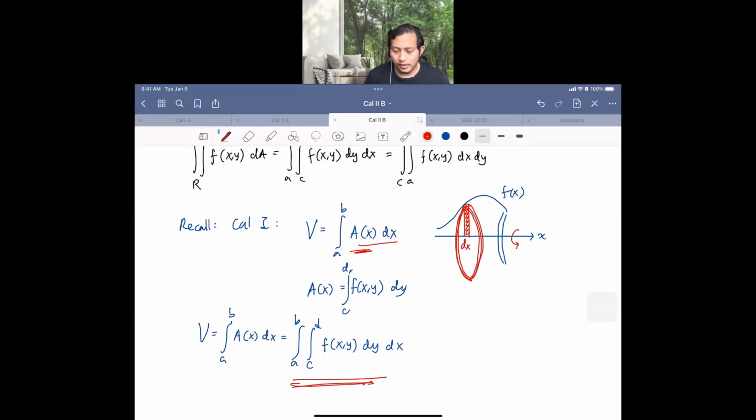And we can also imagine that if we have a similar approach with dy for our volume, then we will have dx dy, right? dx dy.